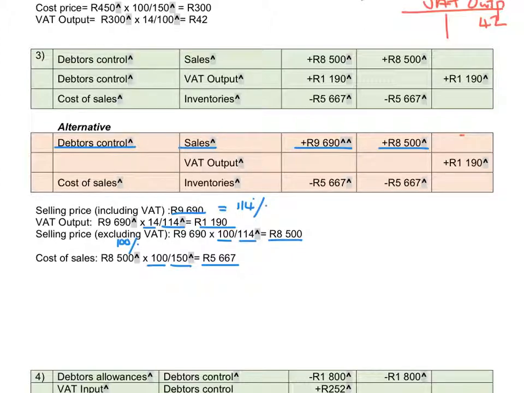On this debtors control, you will also debit the debtors control because they owe the VAT to the business as well, and you will credit VAT output, indicating that this VAT must be paid over to SARS, so that is a liability for the business. So the entry for debtors control will be done at sales price because that is the amount that the debtors owe, the sales price and the VAT.